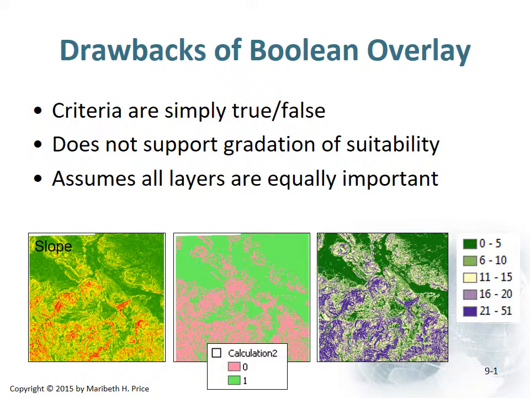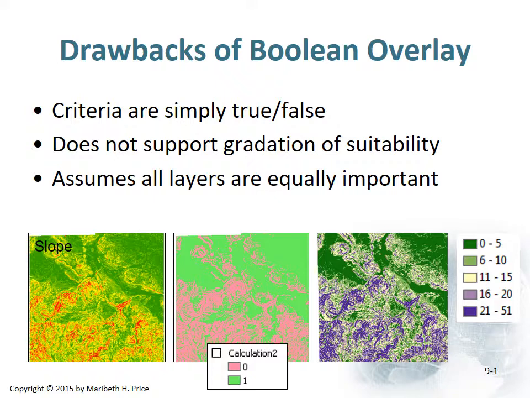So this is kind of a problem that we may need to address if we are using Boolean input layers in any kind of analysis, whether it's a suitability analysis for habitat for a species existing on the landscape, whether it's a suitability analysis for where to put the next skyscraper or fire station or anything like that.